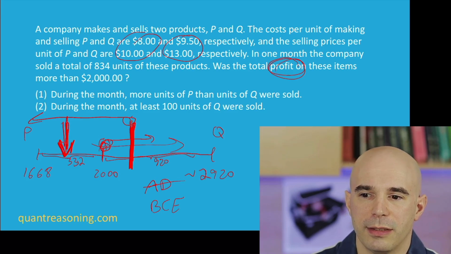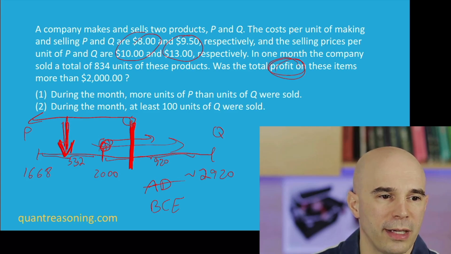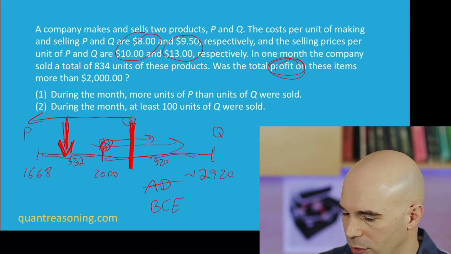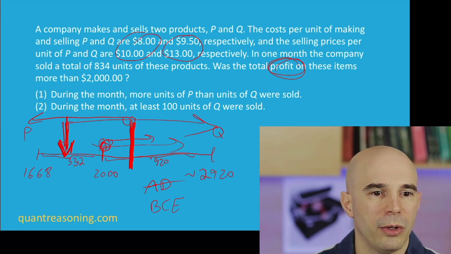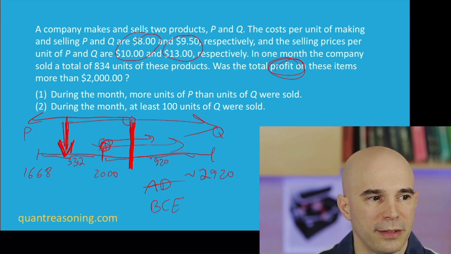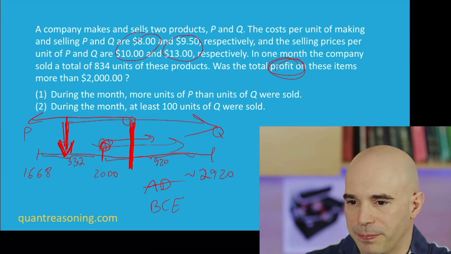But they're telling us that it's not exactly 100 units of Q, it's at least 100 units of Q. So as you go more and more towards Q, you're going to the right from that arrow. And again, we wanted to know which side of 2,000 we were on, left side or right side. I don't know. Eliminate B.